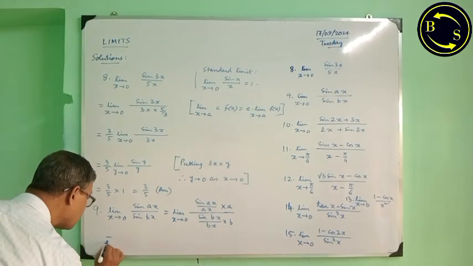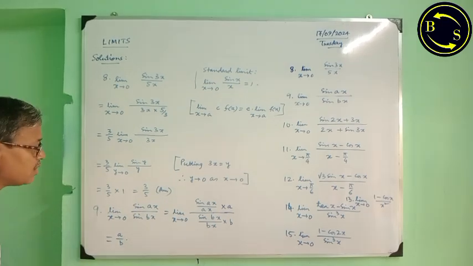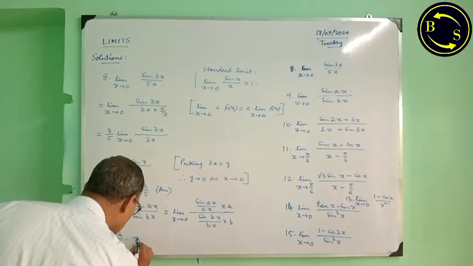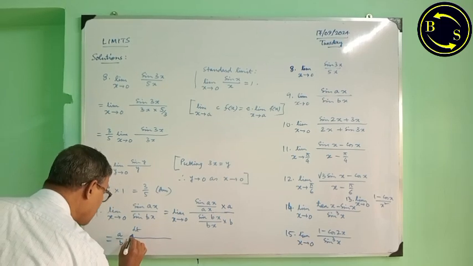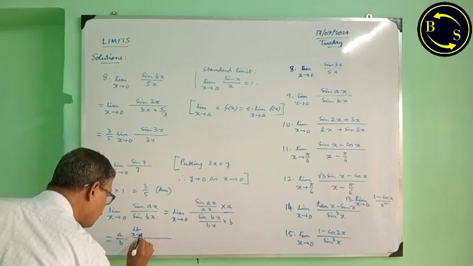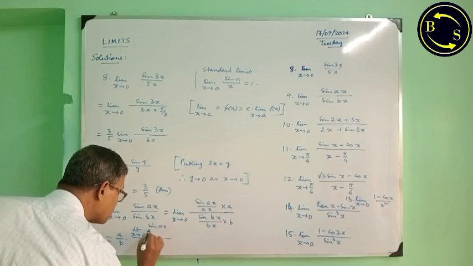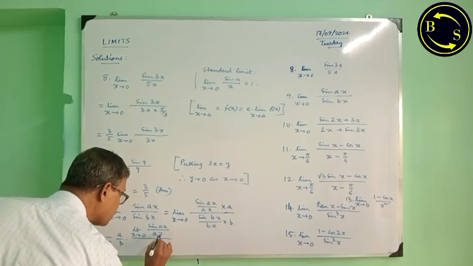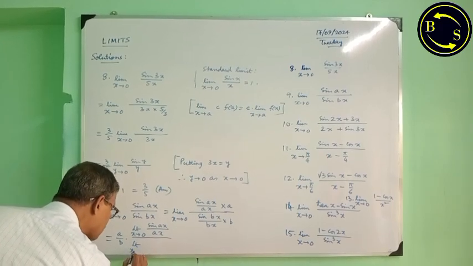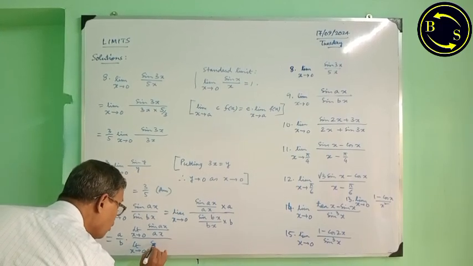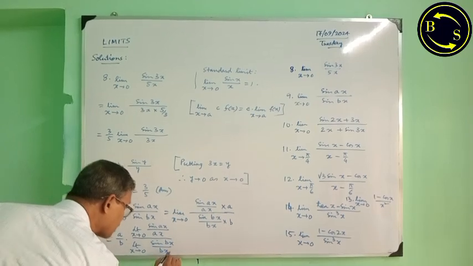We can take that outside like this. Then limit x tends to 0, sine ax by ax, limit x tends to 0, sine bx by bx.